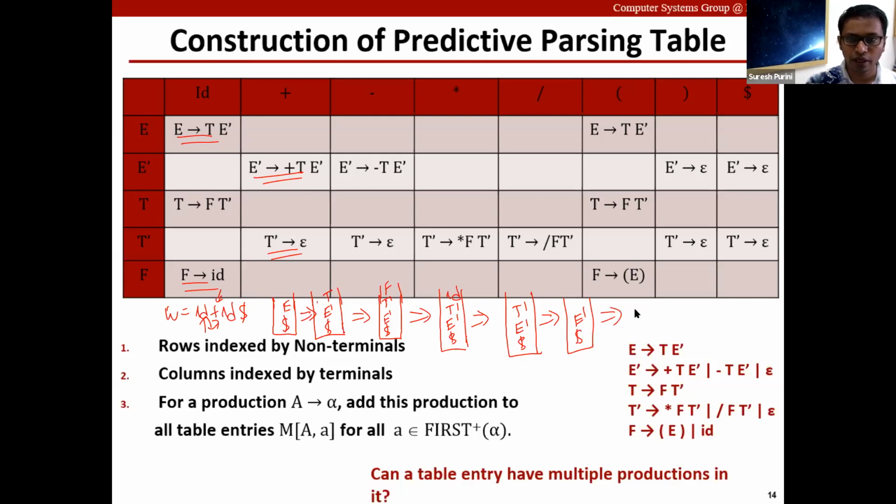You pop E prime out and push T plus, so we have dollar E prime T plus. This is the state of the stack. Now if the top of the stack is plus and the current input symbol is plus, you pop this plus out from the stack and advance the input pointer to the next.